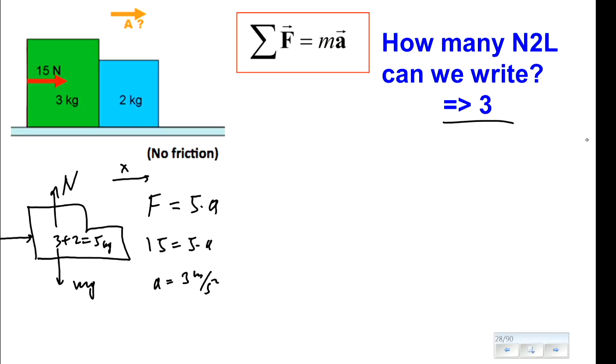We can choose the small box as a system. Force acting on it, I can call it blue, because it's acting on the blue box. Do we have vertical forces? Of course we do.